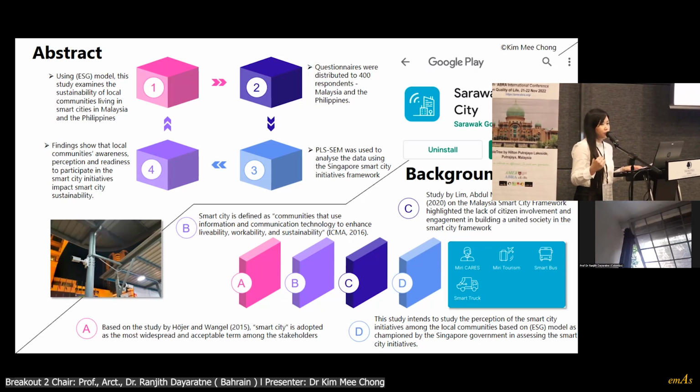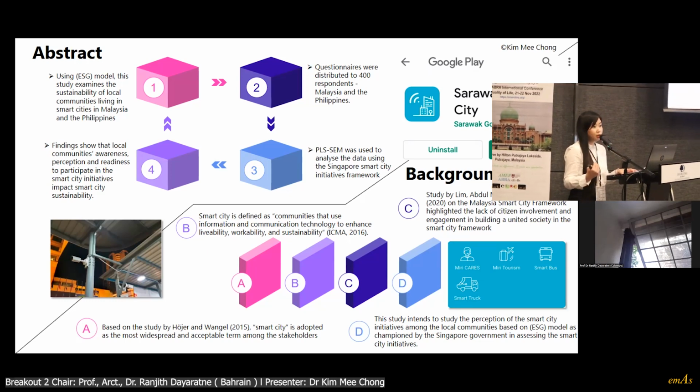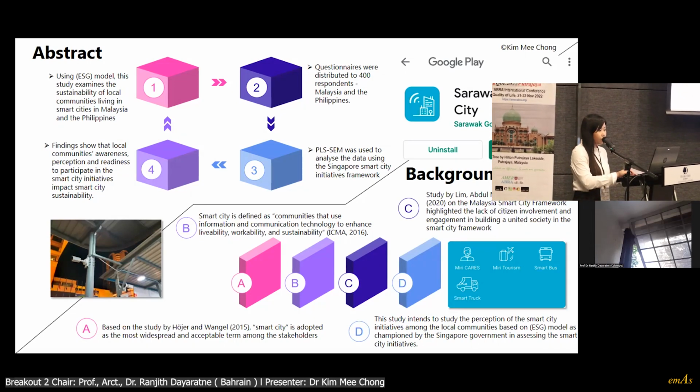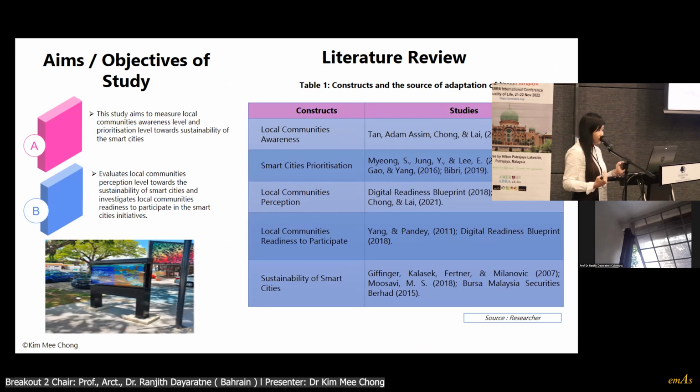It is our neighbor country, Singapore. So we are based on the Singapore smart city framework to look into our research here. Moving forward, let's invite our co-author, who is currently in New Zealand, Associate Professor Lenny, to present on the coming slide.